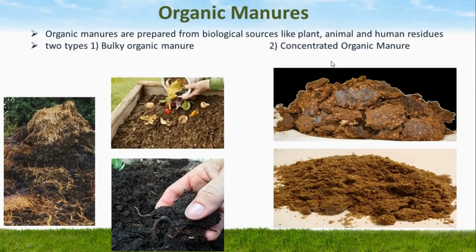It includes those materials which are organic in nature and contain higher percentage of essential plant nutrients such as nitrogen, phosphorus, and potassium as compared to bulky organic manures. These are made from raw materials of animal and plant origin. Examples are oil cakes as well as bone meal, blood meal, meat meal, horn and hoof meal, etc.